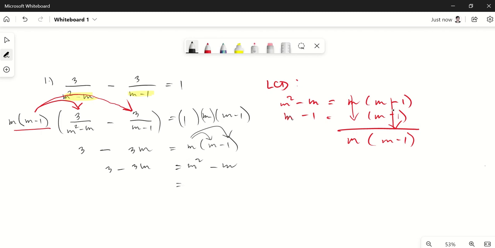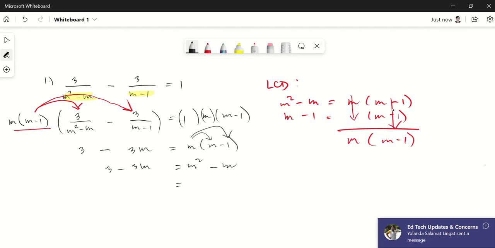Then we make sure that we can further figure out the values of m, considering that the highest degree as of the moment is 2. The technique here is to put everything on one side of the equation and make sure that the other side of the equation is 0.